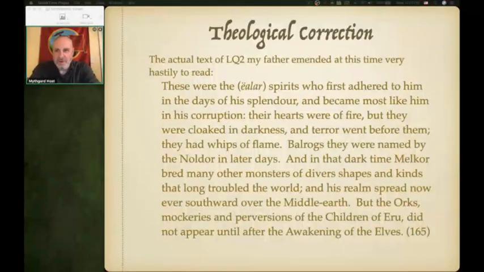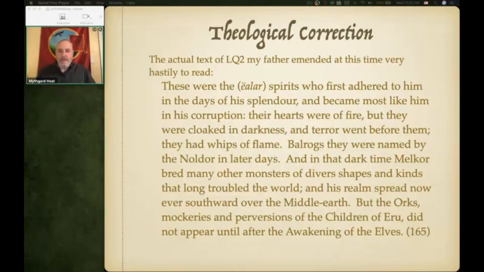It depends on whether you lay the stress more heavily on mockery or perversion, right? If it's a mockery, if it's constructed in mockery of the elves, right? Oh yeah, I see your elves, right? I'm gonna make my own little here. I got your elves right here, right? That orcs are to elves as the desolation was to the greenness, right? Is basically the mockery issue.